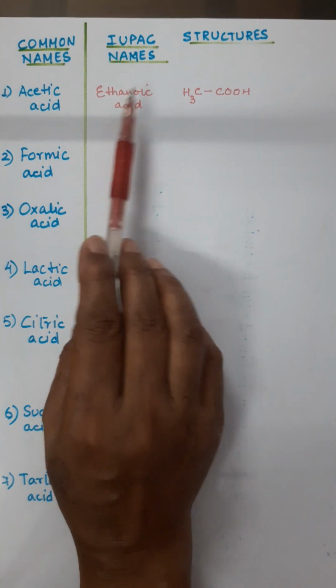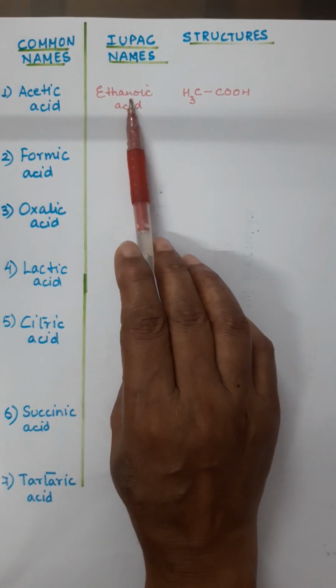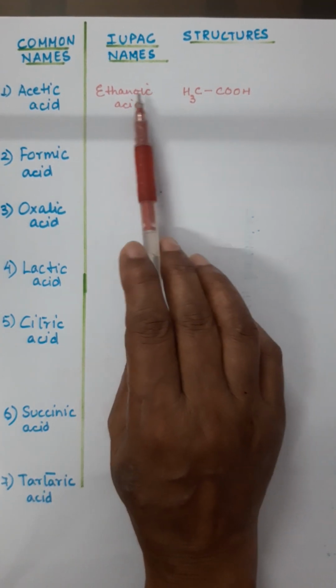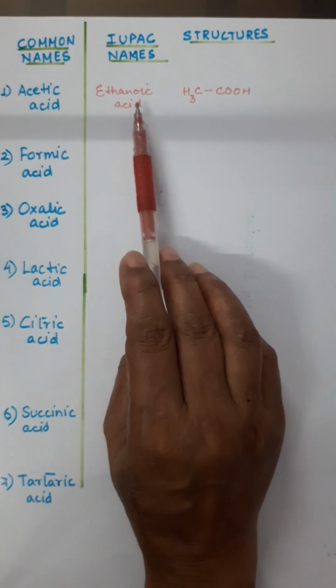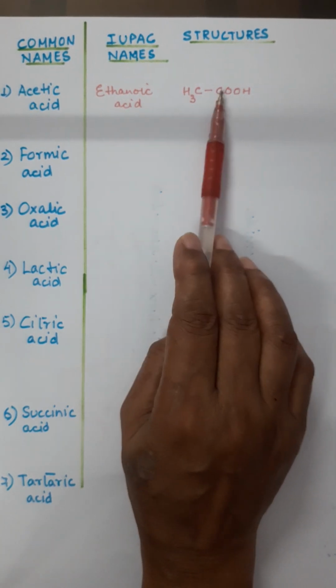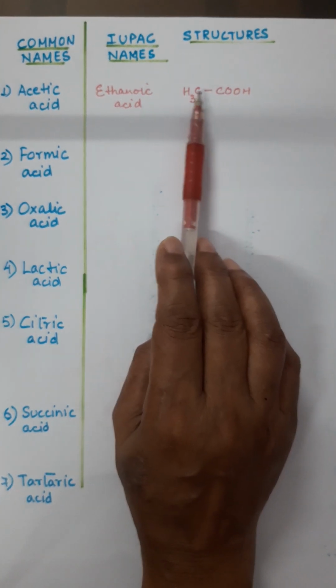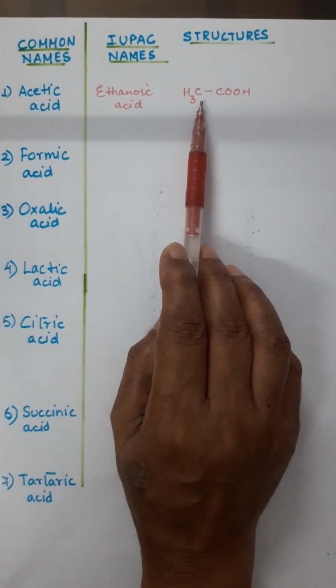So eth meaning two carbon, 1, 2, an meaning single bond, so there is a single bond in between the two carbon, and then oic acid, since there are no numbers, it indicates that it is in the first one, so I have drawn COOH here in one side, and the other carbon is filled with hydrogen, so there was one bond already, and the other three are filled by 3 hydrogen.